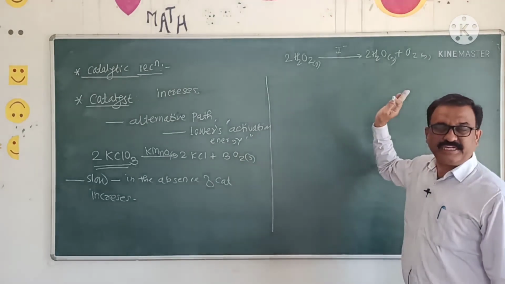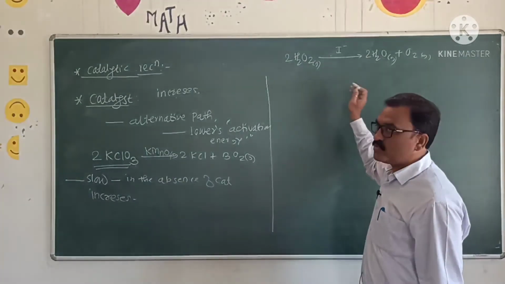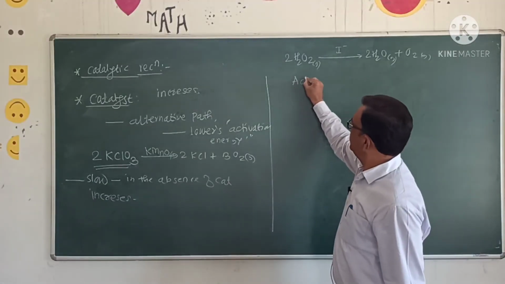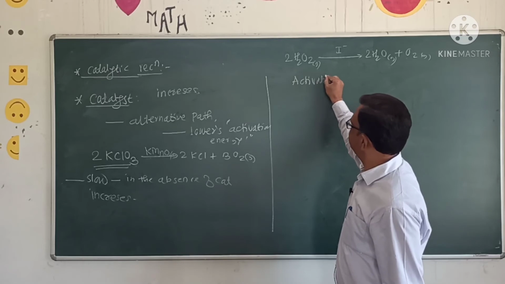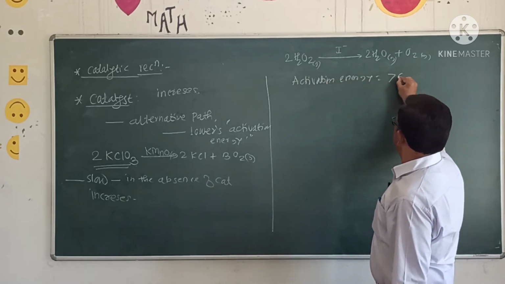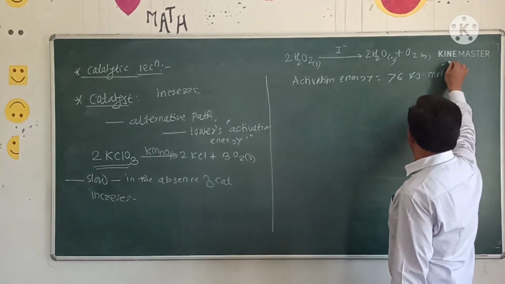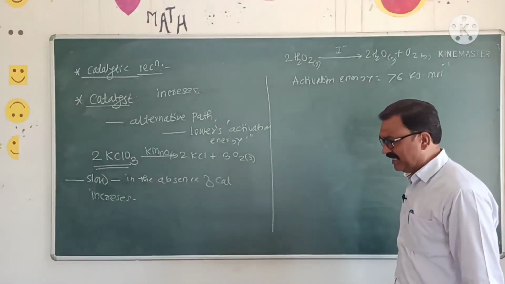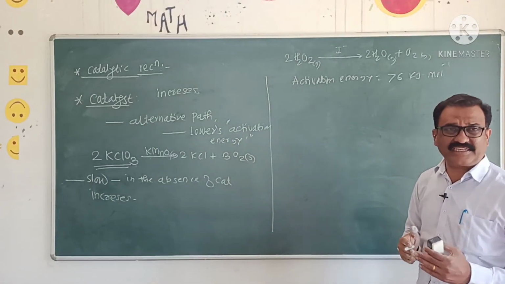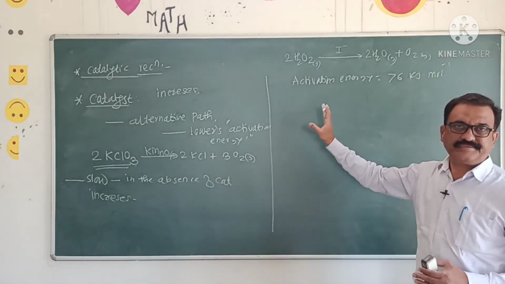In the absence of a catalyst, the activation energy is equal to 76 kilojoules per mole. That is, a reactant must contain this kind of energy.